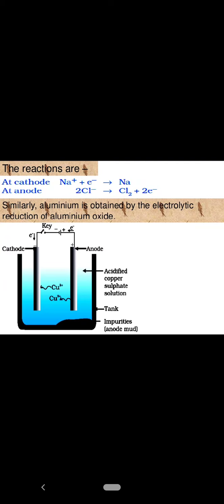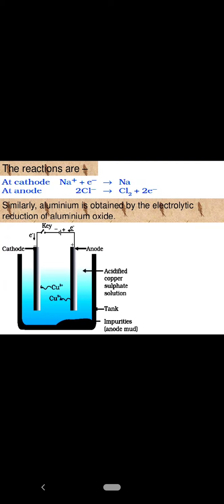In this process, one rod is positively charged and one rod is negatively charged. The positively charged rod is the anode, while the negatively charged rod is the cathode. The positively charged ions get deposited at the cathode and the negatively charged ions at the anode. Due to this process, we can obtain pure aluminium from aluminium oxide.